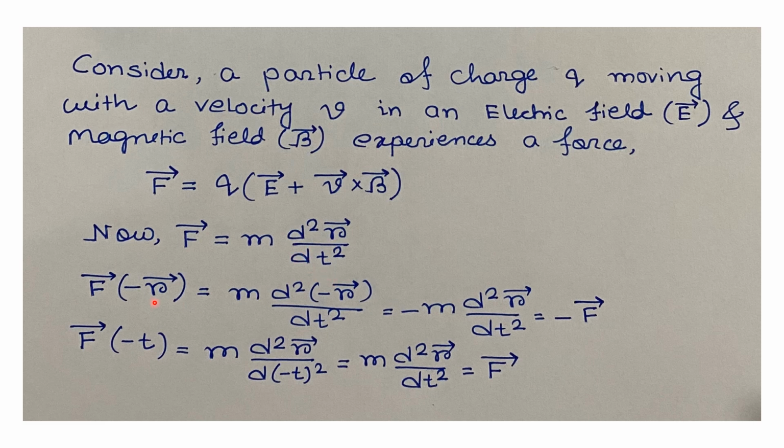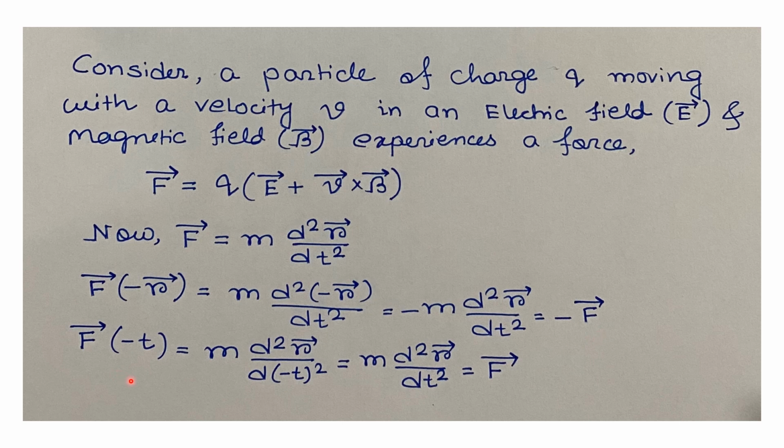Now if we replace the r vector, that is the position vector, by minus r vector, then the force will be m times d2(minus r)/dt2, and that will give minus m d2r/dt2. So this will basically be minus the force vector.